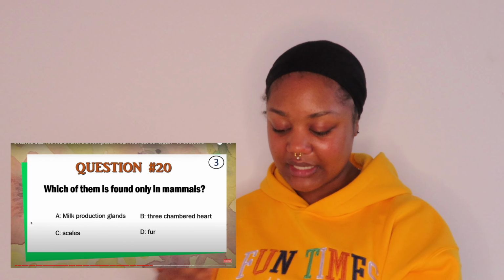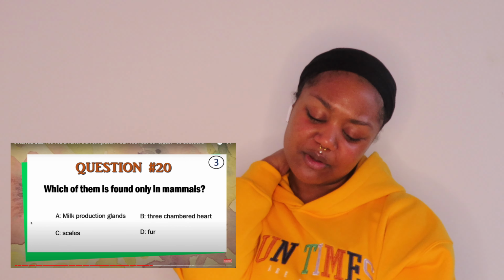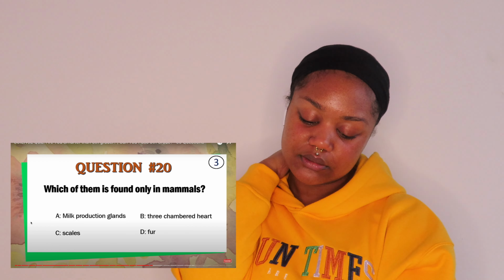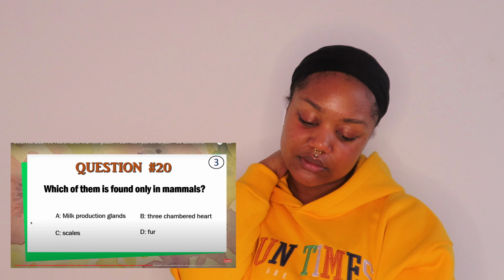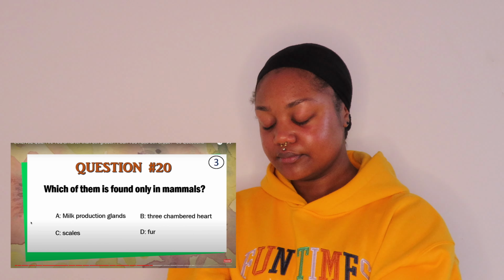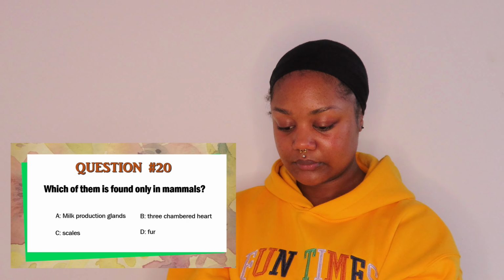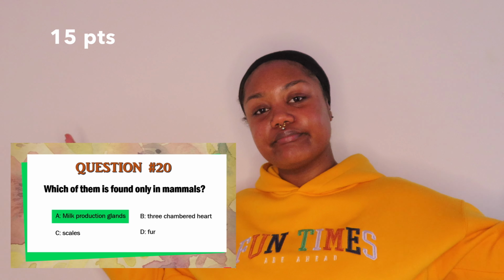But it's the only mammal that can lay eggs, right? But what does that have to do with milk production glands? I'm gonna be honest with you, I don't know. I'm gonna go with A. It's gotta be A. Process of elimination, bruh.